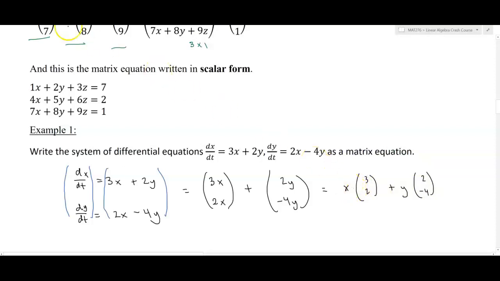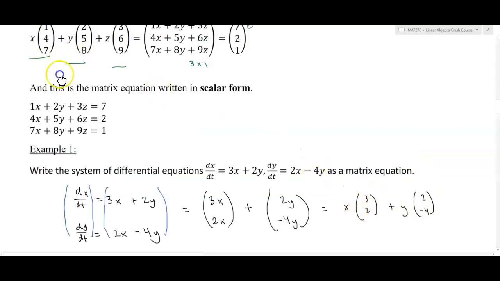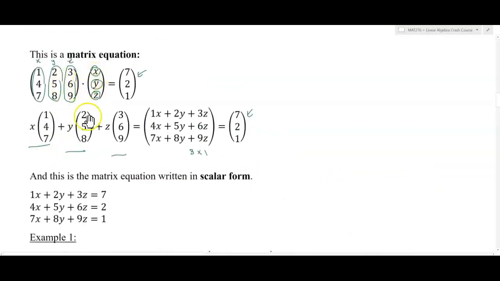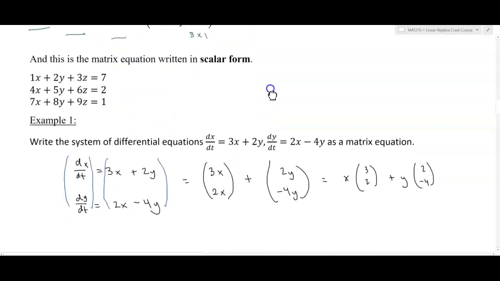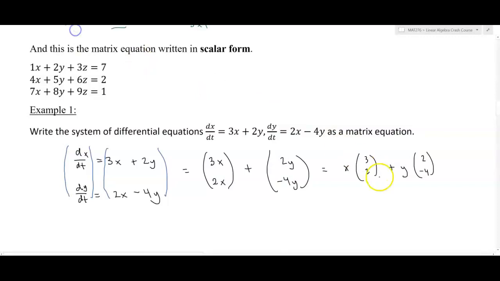Now we work backwards, where from here to here we conducted the multiplication. If we think about this x, y lifting back up into an x, y vector, before those columns got scaled, they were part of a matrix with 3, 2 as the first column and 2, negative 4 as the second column.